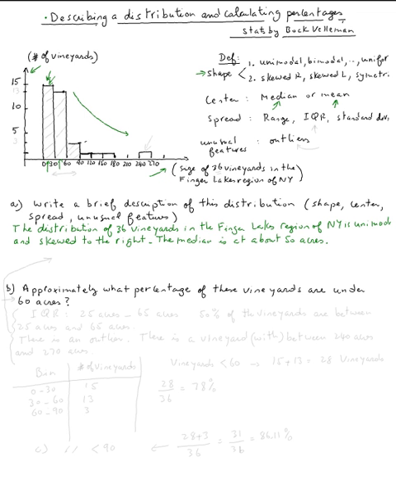Now the spread. When it's skewed, we talk about the IQR, not the standard deviation, even though it's hard to talk about standard deviation from the graph anyway. The IQR, in other words, the middle 50% of the vineyards, where are they located? What are their sizes?